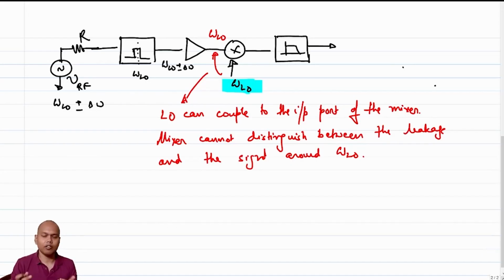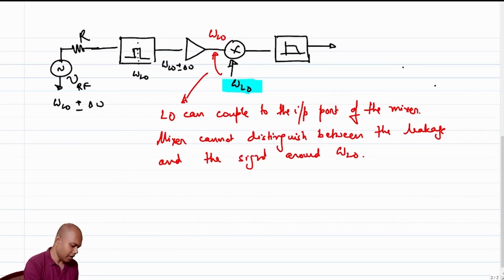So the omega LO for the clock will never be exactly equal to omega LO. It will be omega LO plus minus some frequency, right? If you have a very good clock, that deviation will be much smaller, very tight. Now what is smaller, what is not, we don't know as yet. Sometime later on in one of the later lectures we will try to quantify that, but for the time being we should appreciate the fact that omega LO is also not pristine, right?